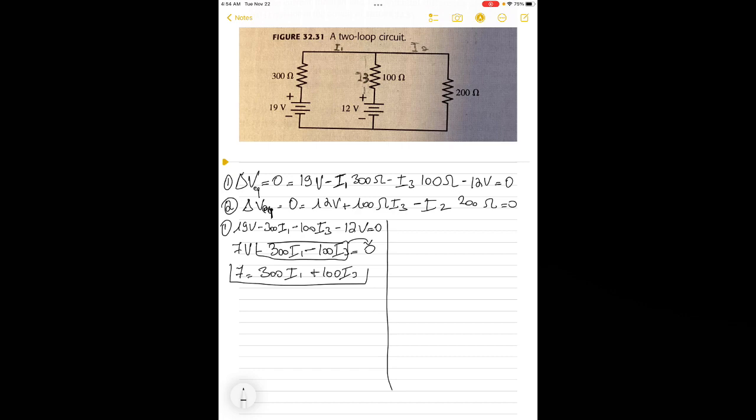This is the first simplified loop, and we're going to use it later. The second loop gives us 12 volt plus 100 E3 minus 200 E2, and this is supposed to give us 0. If we simplify, we can move it to the other side, and that gives us 12 equals minus 100 E3 plus 200 E2.